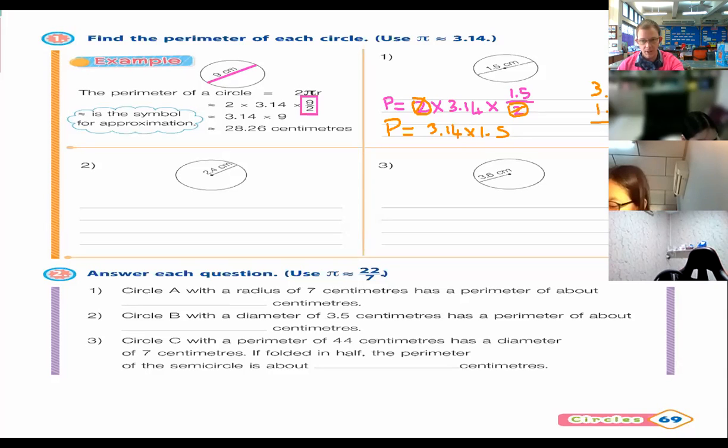If we multiply these two together. Can you guys quickly calculate that for me, please? We don't have a lot of time, so let's quickly see.